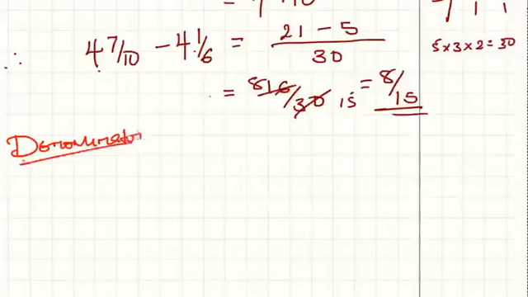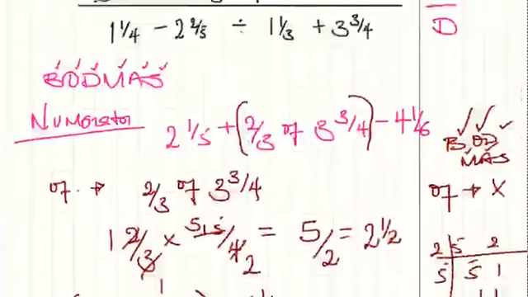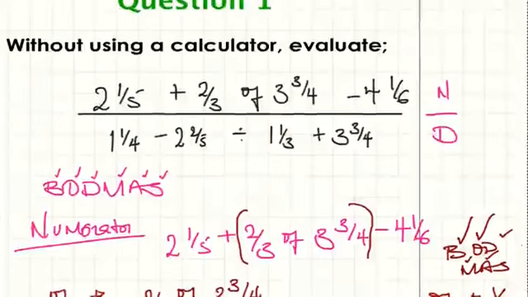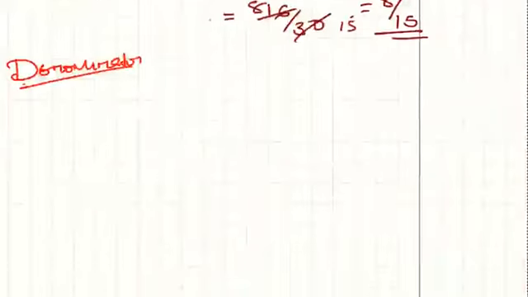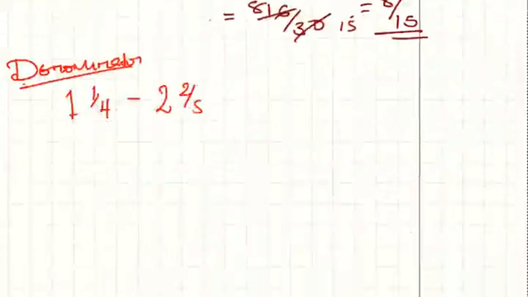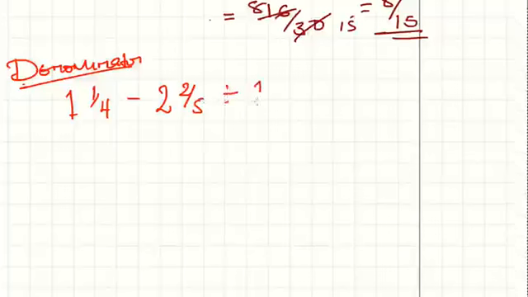And our denominator, going back to the question, is given by 1 and a quarter minus 2 over 5 divided by 1 and a third plus 3 and 3/4. That is 1 and a quarter minus 2 over 5 divided by 1 and a third plus 3 and 3 over 4.